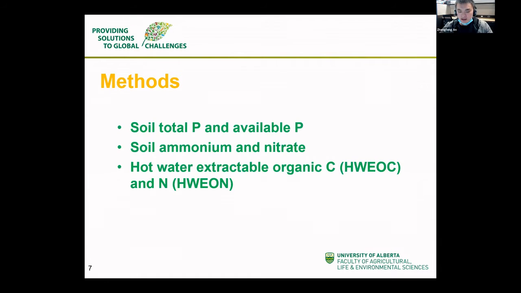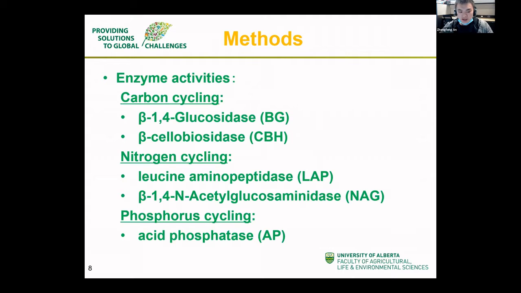We analyzed the following properties: soil total phosphorus and available phosphorus, soil ammonium and nitrate, and soil hot water extractable organic carbon and nitrogen. Those belong to the labile soil carbon and nitrogen pools. To understand the enzyme activities, we selected 5 different types of enzymes.